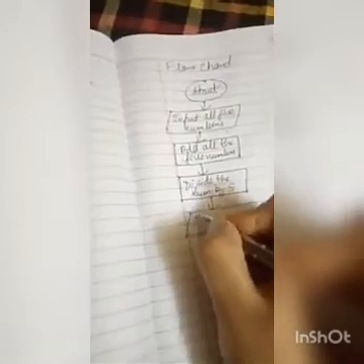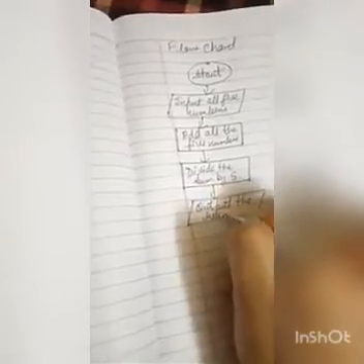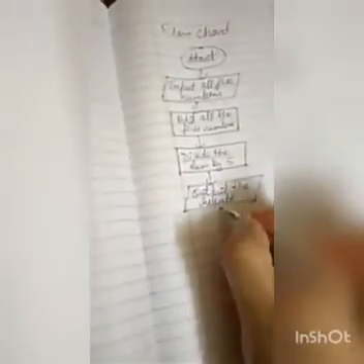Now this is the final answer, so we have to mention our output in a parallelogram or input output box. So I will write output, the result, and after the output my task is completed. So what will I do? I will end the flow chart.